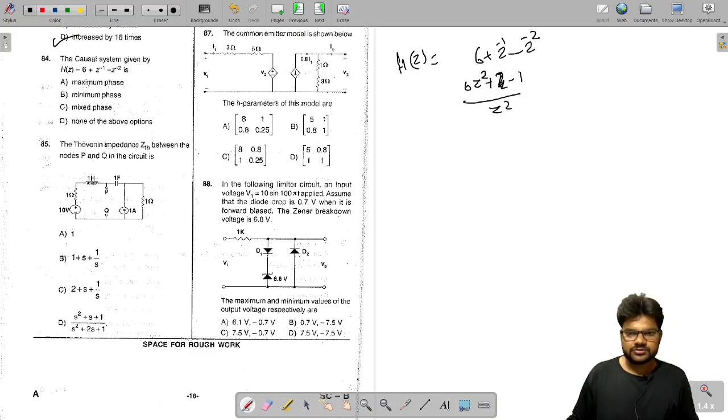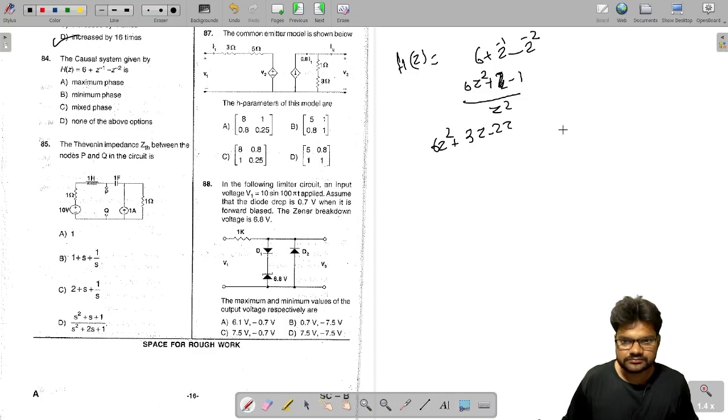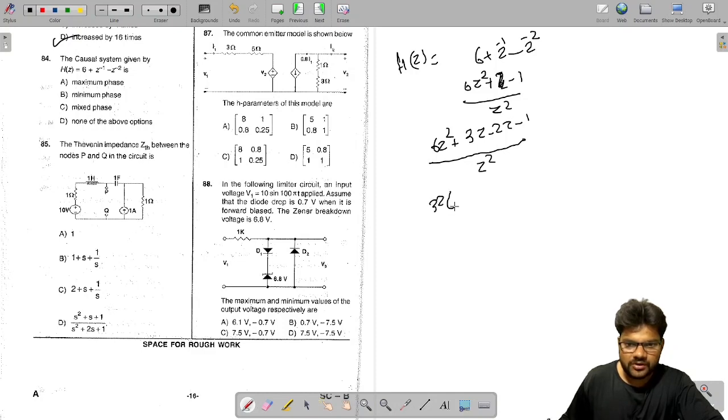Okay, so let's make it factors. So 6z square plus 3z minus 2z minus 1 by z square. Let's take 3z common, and then this is going to be 2z plus 1, and minus 1 times 2z plus 1, by z square.